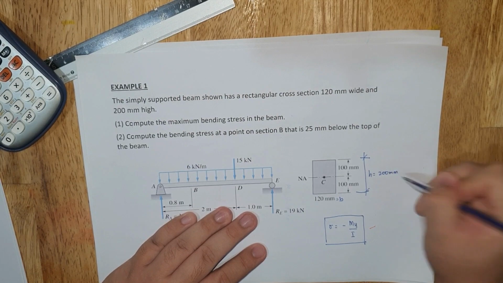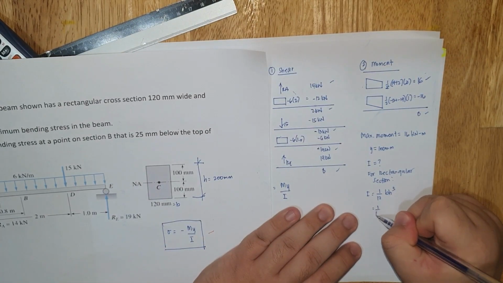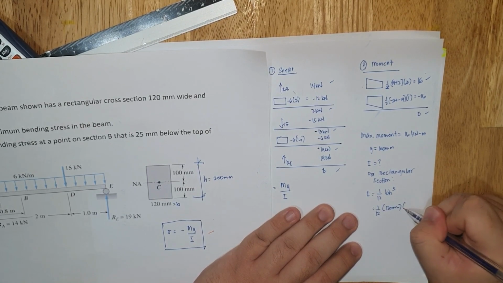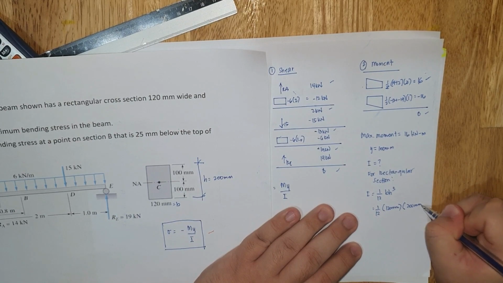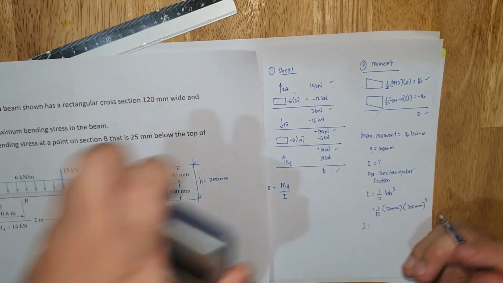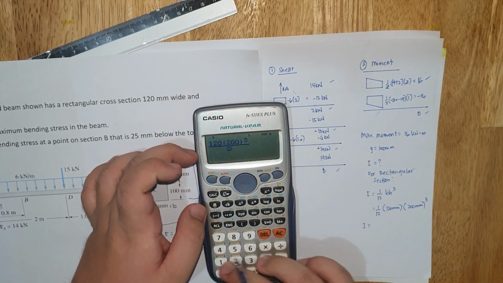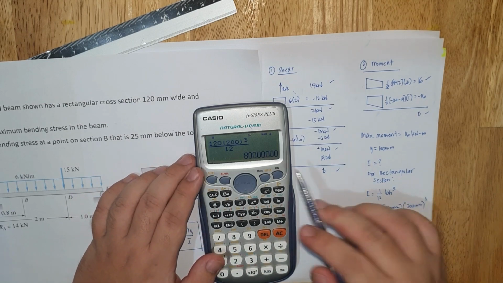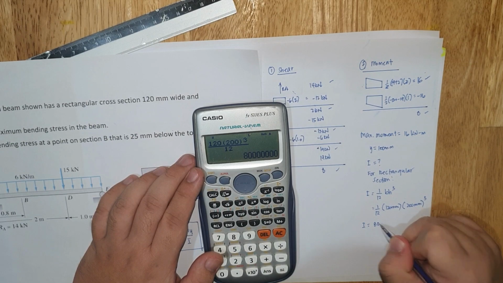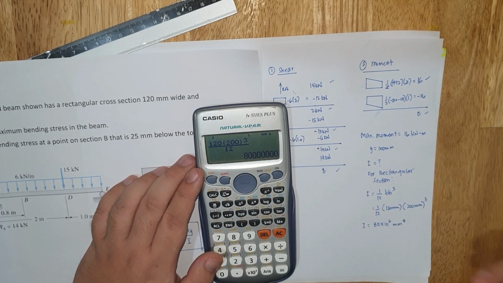So substitute lang natin. So 1 over 12, then base natin is 120 mm, tapos 200 mm cube. So ang inertia natin is 80 times 10 to the 6 mm to the 4th.